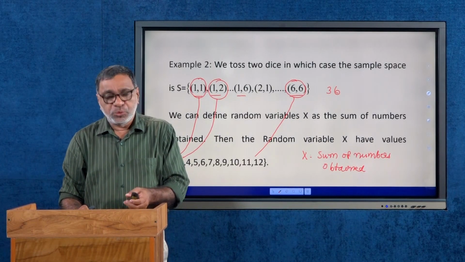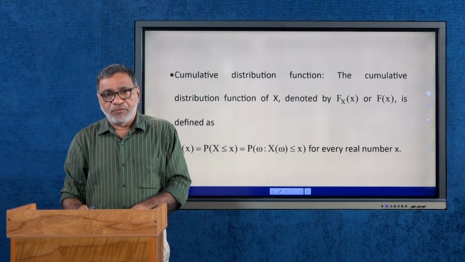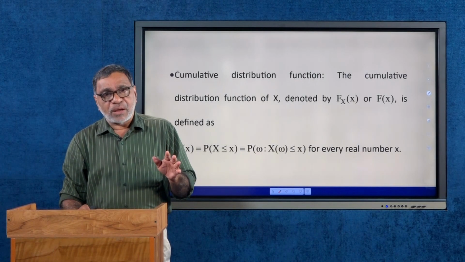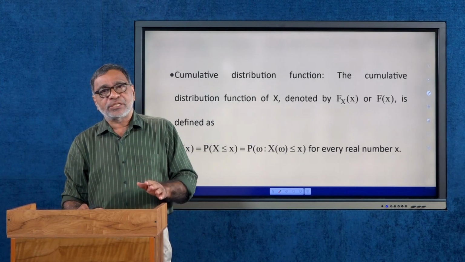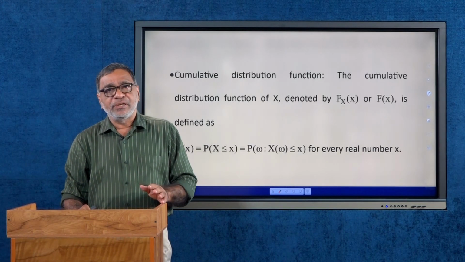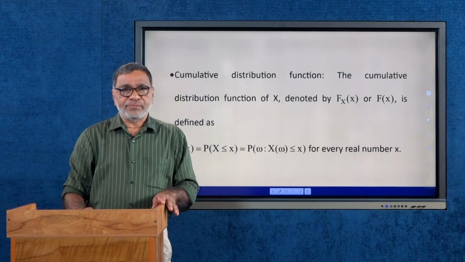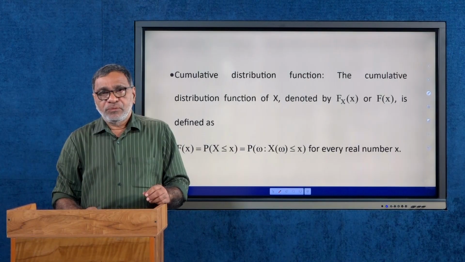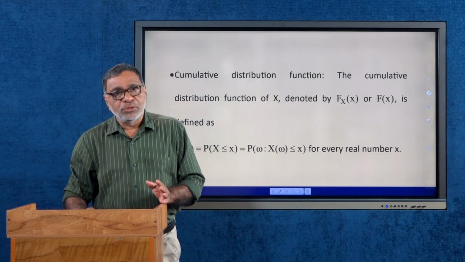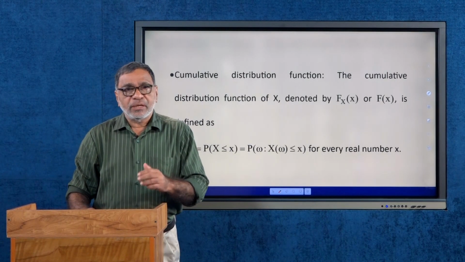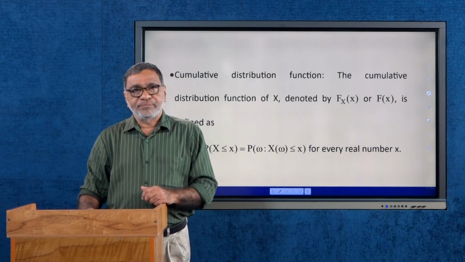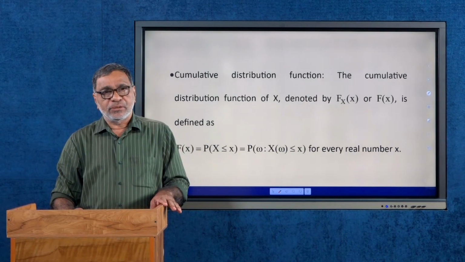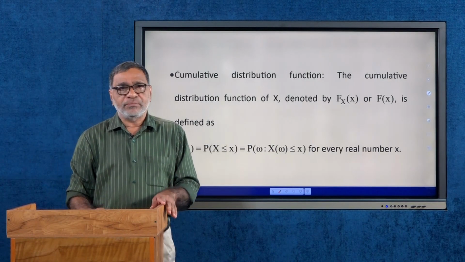So, these are 2 examples of a random variable, each having a sample space, and corresponding to that sample space we define the function according to certain definitions. After defining the random variable, we are in a position to define an important function, known as the cumulative distribution function, or simply the distribution function.